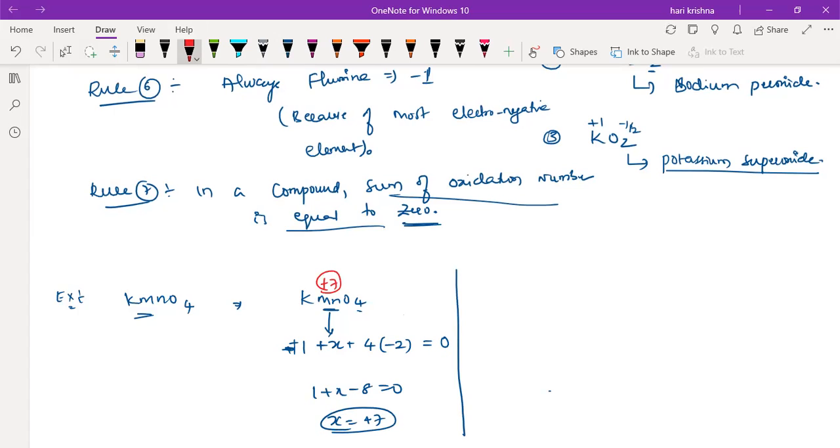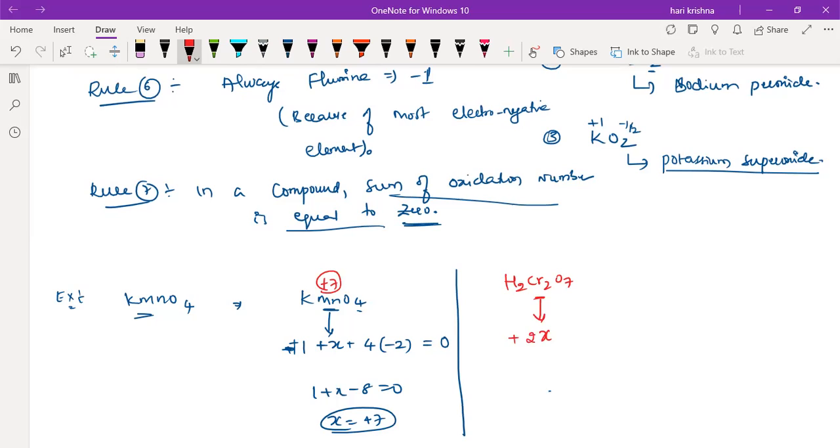Clear? Yes, sir. Now if you take this one, H2Cr2O7. For Cr we will find the oxidation number. We don't know how much it is, so what will we take? x. How many x are there? 2.